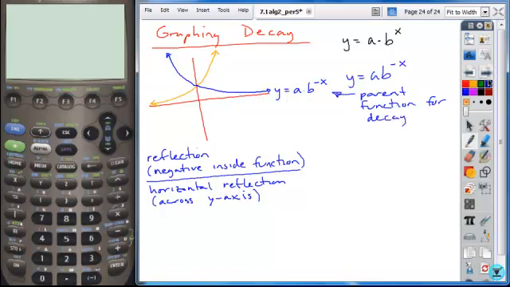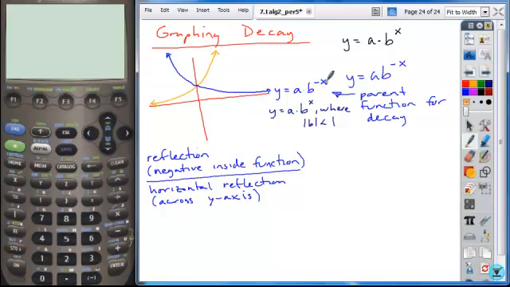And so notice you could also say, again, the equation here is y is equal to a b to the x, where the absolute value of b is less than 1. It can be any form. It doesn't have to have it, but this is what you can identify.